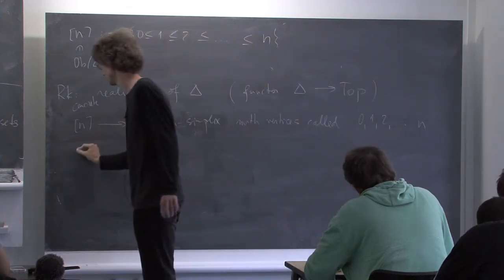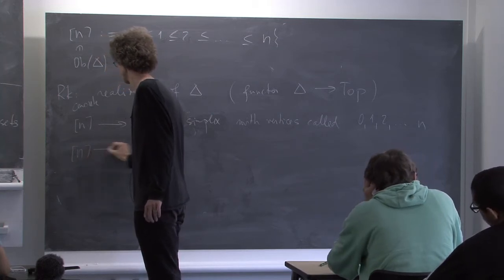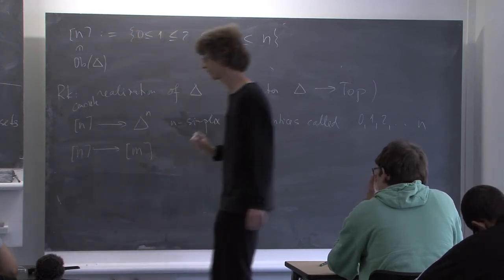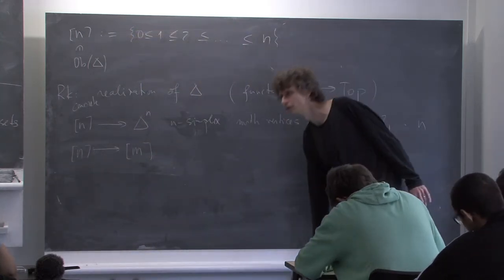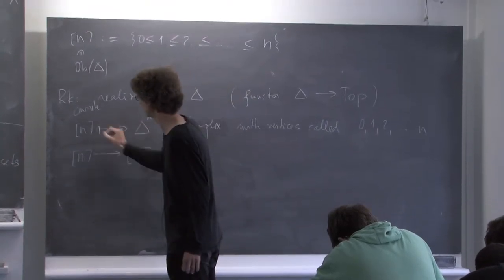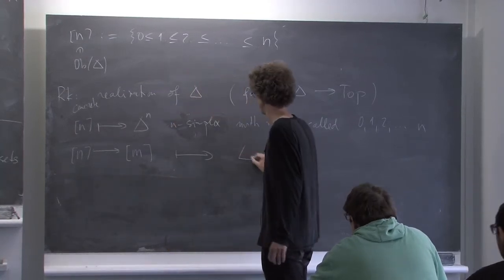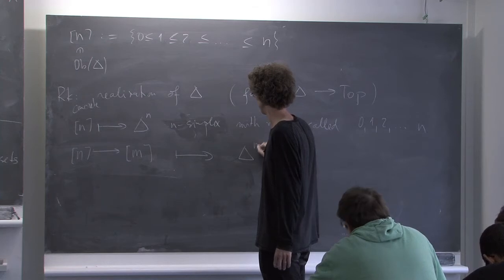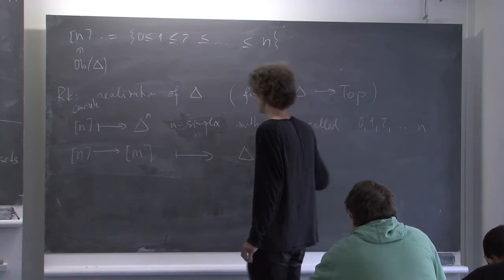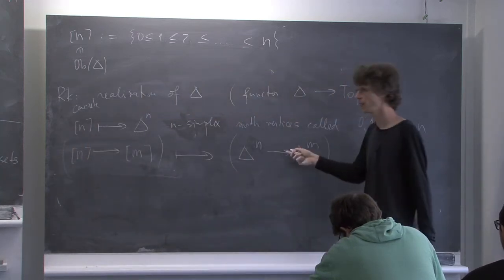And then whenever you have a morphism going from [n] to [m], it is sent to a map going from delta n to delta m. And what is this map?